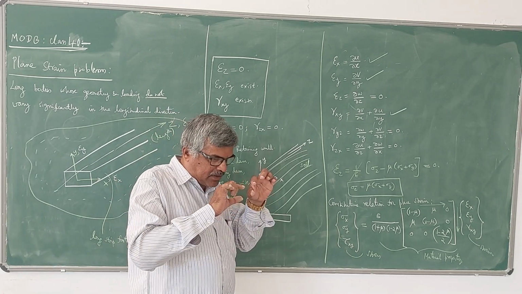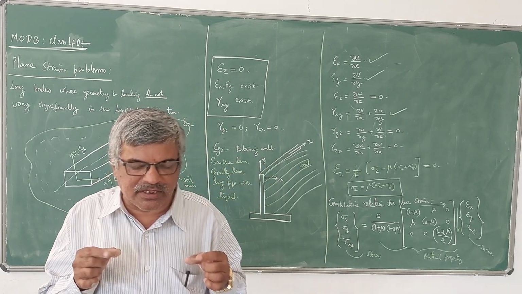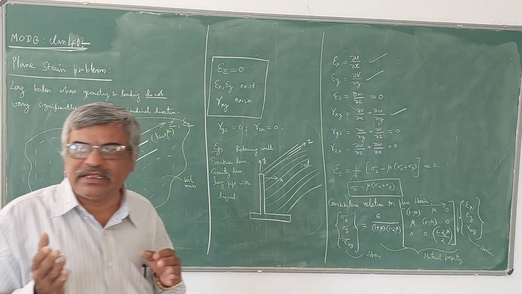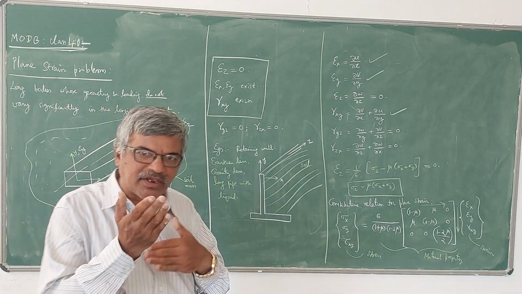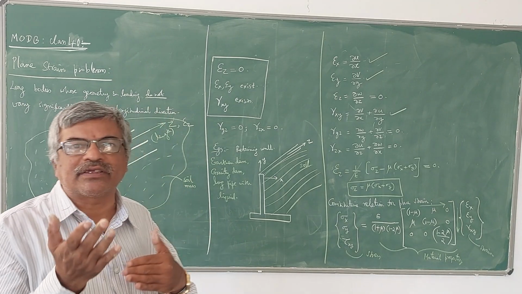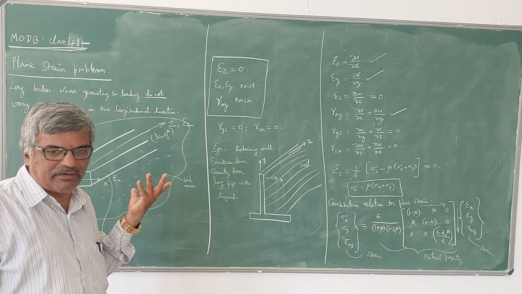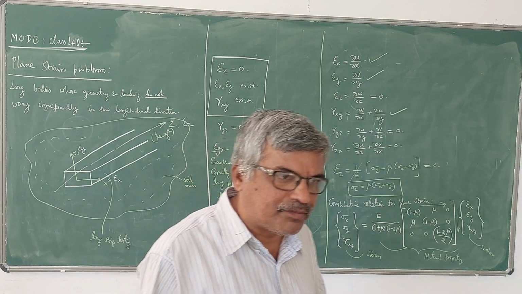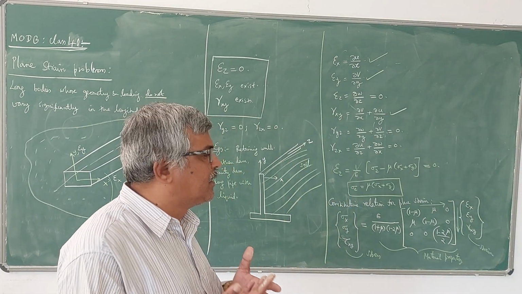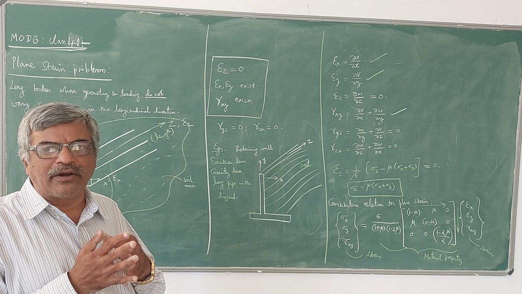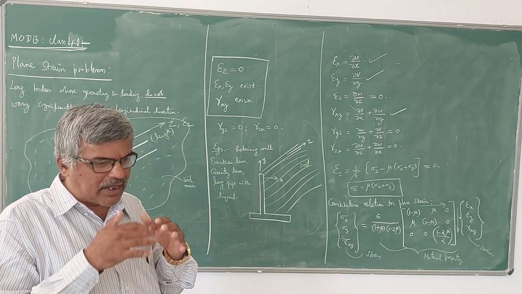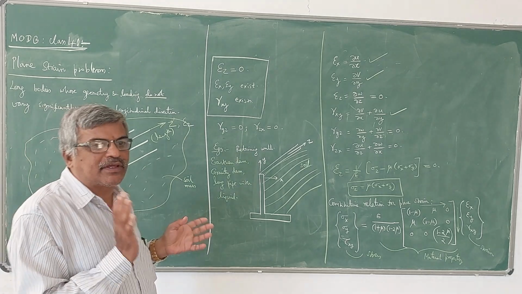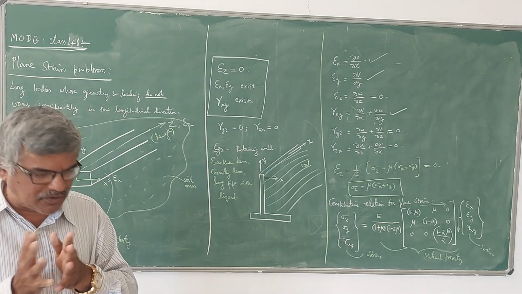If one of the dimensions is very small compared to the other 2 dimensions, that is z, in the case of a thin plate which I mentioned, then it can be treated as a plane stress problem. For example, you may have to find the stresses around a circular hole in a plate. That can be treated as a plane stress problem and solved.